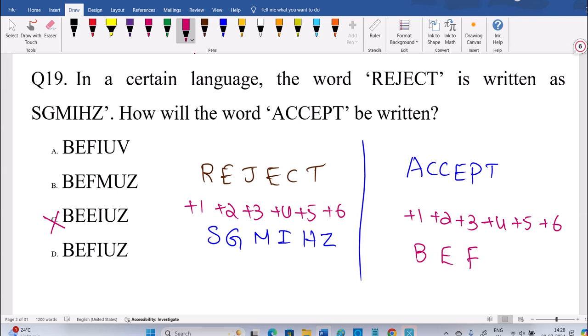Last one +6. T plus 6 is nothing but Z, the last one. 16 plus 5, 21. U required. So with U and Z, okay, and E plus 4, 5 plus 4, 9. So we want option D. +1, +2, +3, +4, +5, +6.